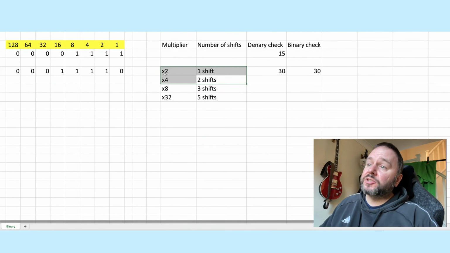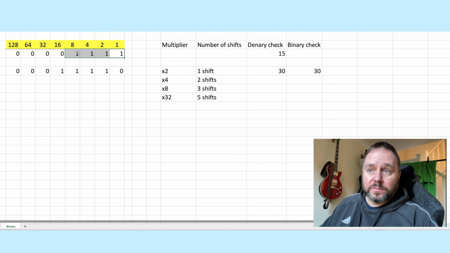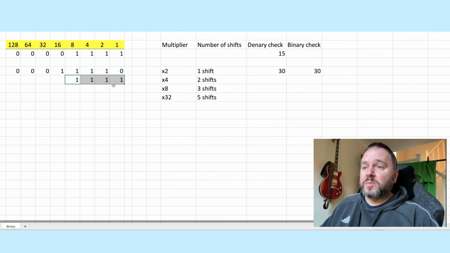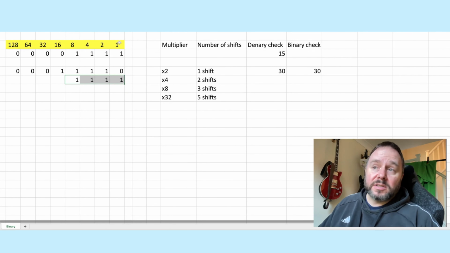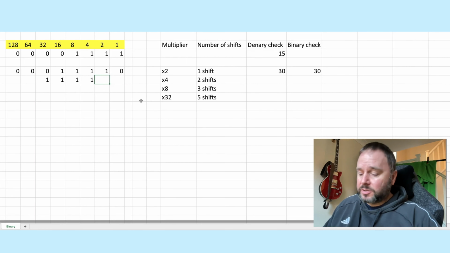Right, so I said if you shift it by 2, that is the same as times by 4. So let's have a look. Let's take our number down and times by 4. For 1 to times by 4, we had to go 1, 2 to make it 4. So that was 2 shifts, add 2 zeros.